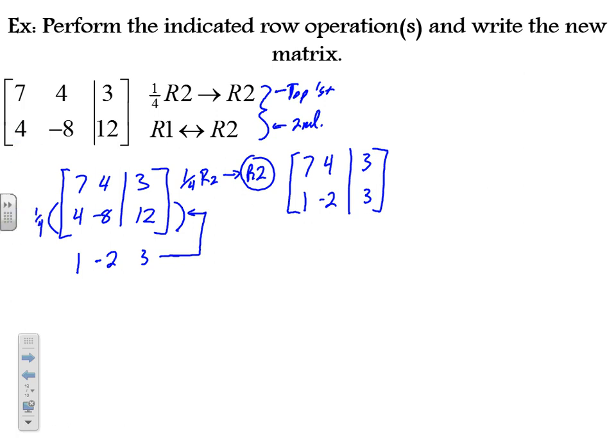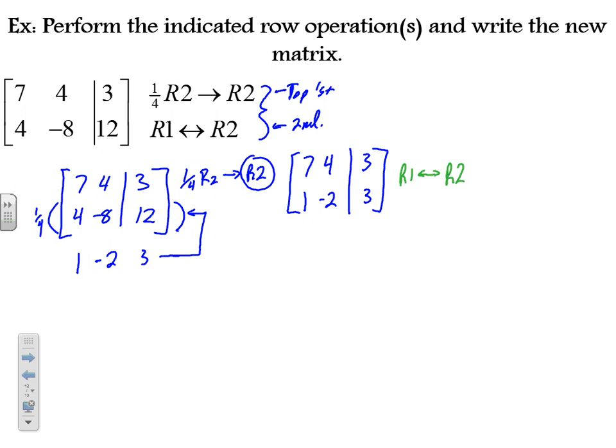Now the second thing is saying to take this new matrix, and it says row 1 with the little double arrows, and row 2. What that's telling you to do is take whatever's in row 1 and put it in row 2, and take whatever's in row 2 and put it in row 1.